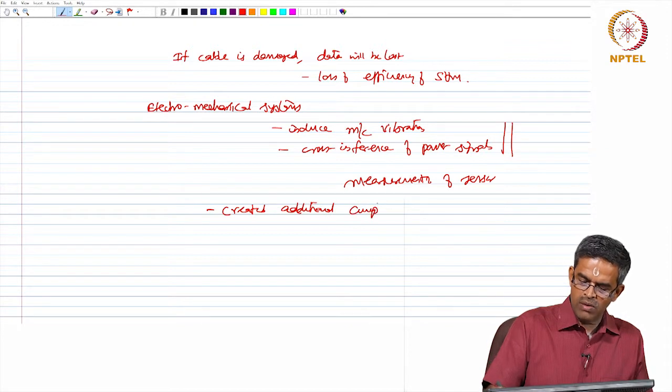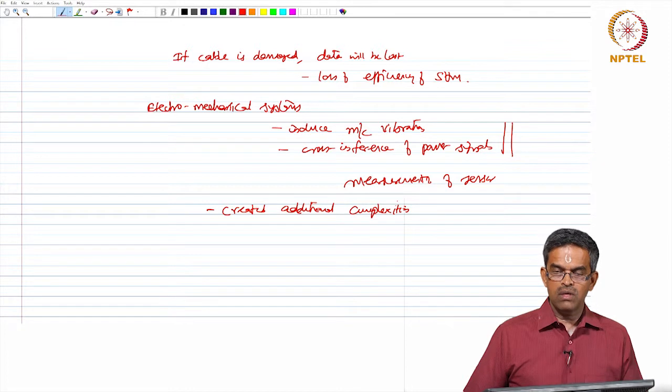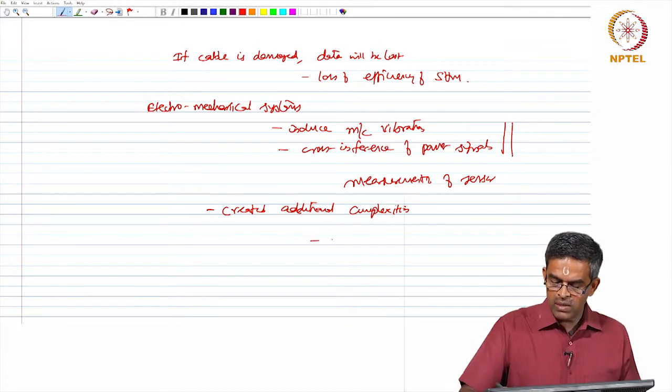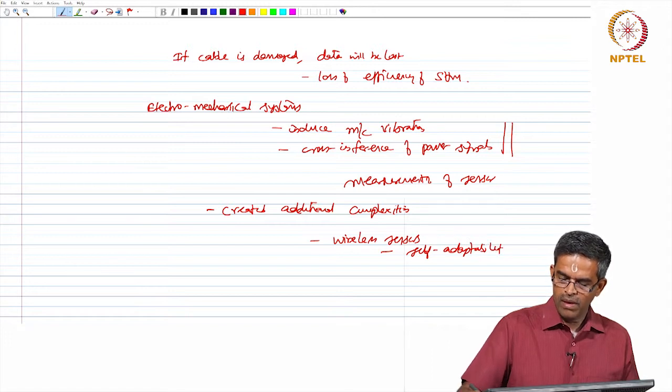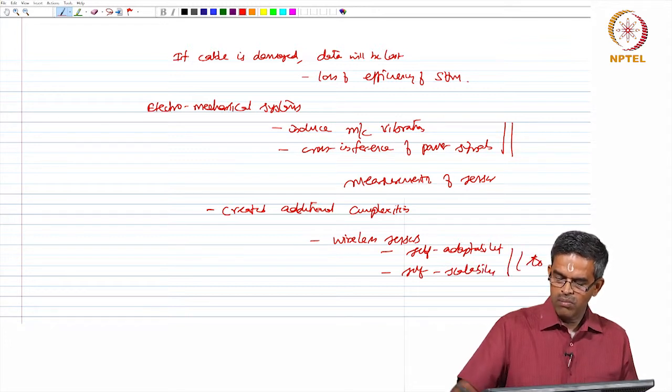Now, one can ask me a question, how these complexities can be controlled in a wireless sensor. Wireless sensors are essentially smart sensors. They have self adaptability and self scalability to monitor on their own.